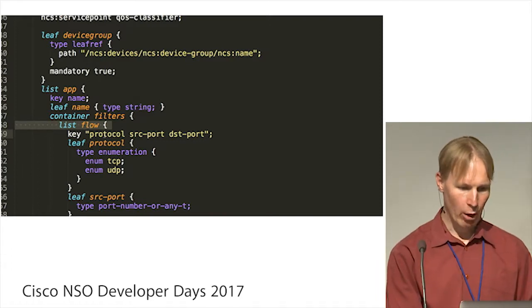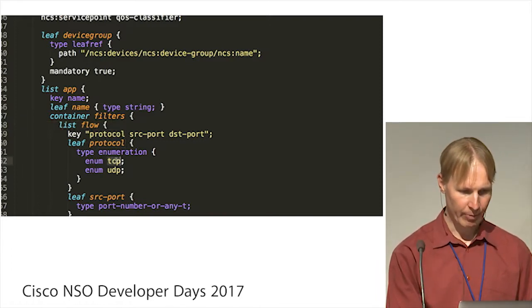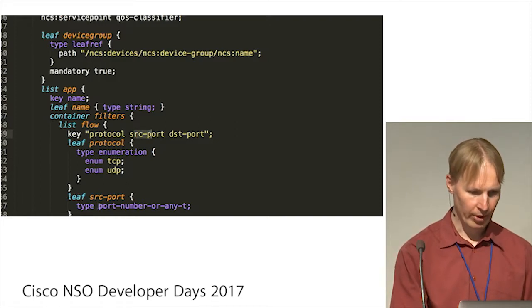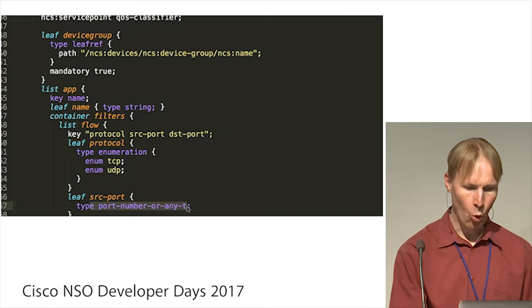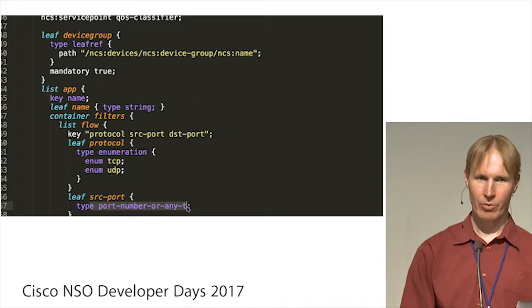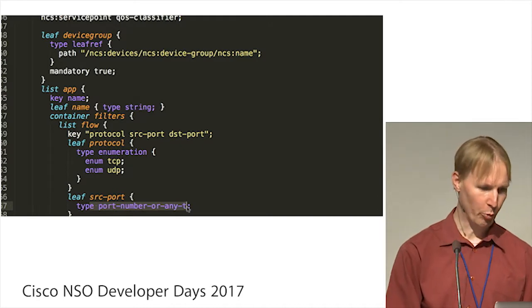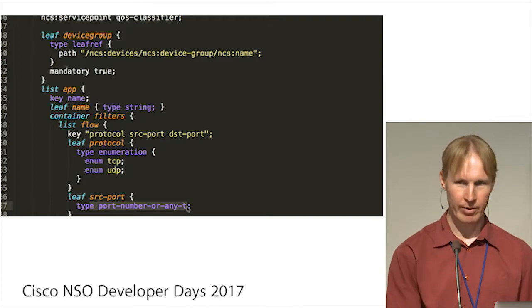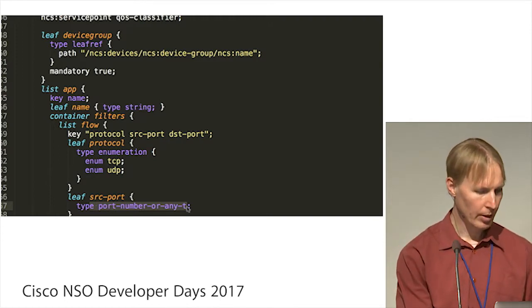Every flow is keyed off by a protocol, which can be TCP or UDP, a source port, which is just a port number, or the word any. We might not care about the source port or the destination port, or both of those. Say that anything with TCP/17 goes this way.